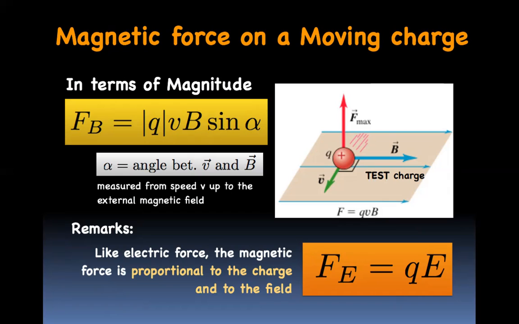If we compare this magnetic force to electric force, then we find that both magnetic and electric force are proportional to the corresponding fields. Electric force is proportional to the electric field as magnetic force is proportional to magnetic field.